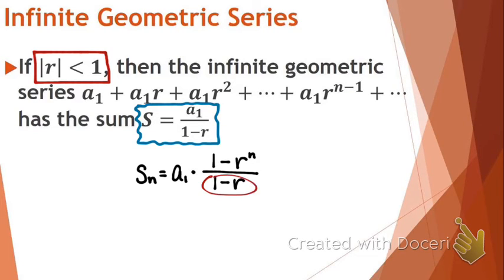This part right here is still the same, right? If the absolute value of r is less than 1, what kind of number are we talking about? A fraction, or it could be represented as a decimal.